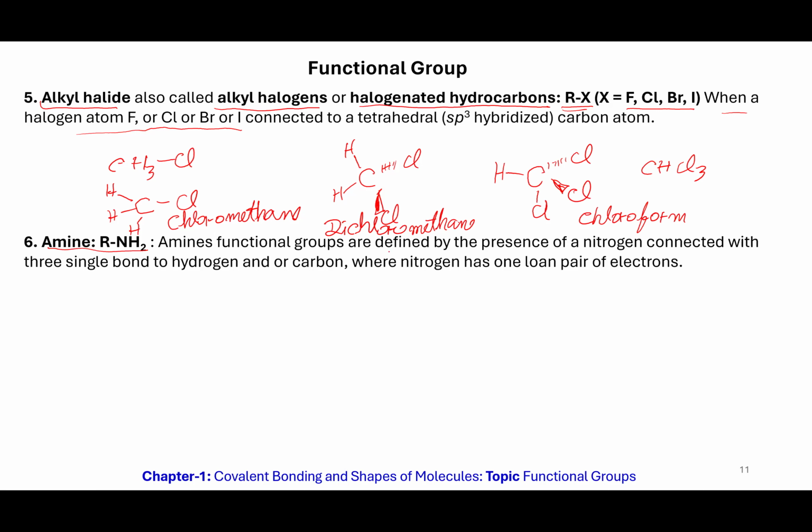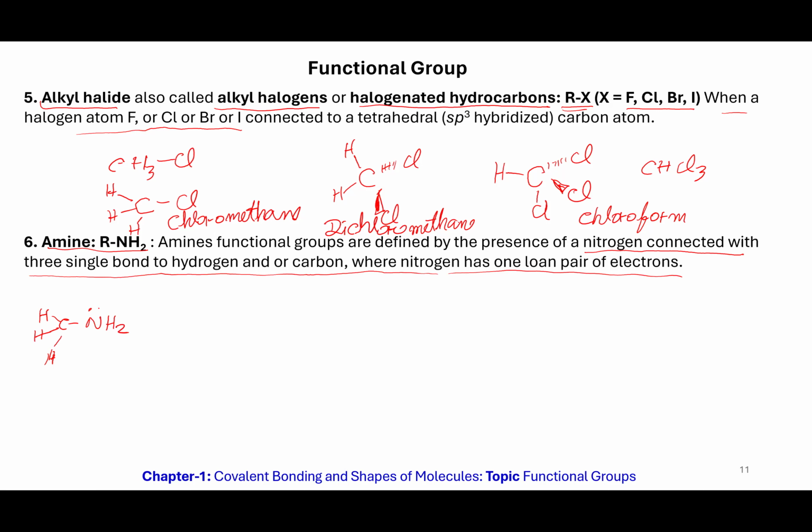Next functional group is the amine. Amine functional groups are defined as the presence of nitrogen connected with 3 single bonds to hydrogen or a carbon, where nitrogen has 1 lone pair of electrons. So for an example, this is my CH3 group, and then nitrogen, and then 2 hydrogens.